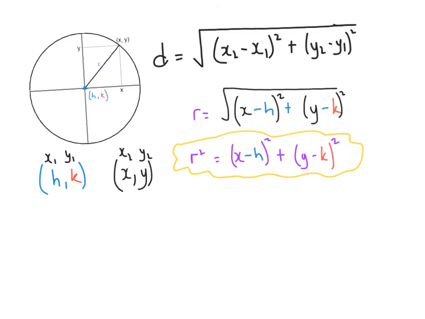Let's look, for example, at what would happen if we had a center 0, 0. This would be h, and this would be k.